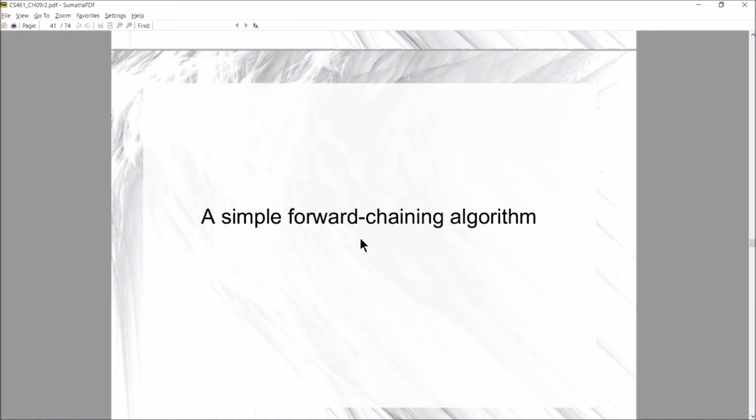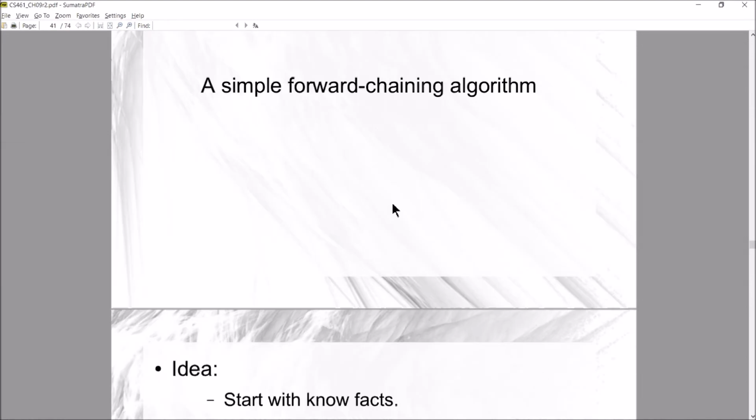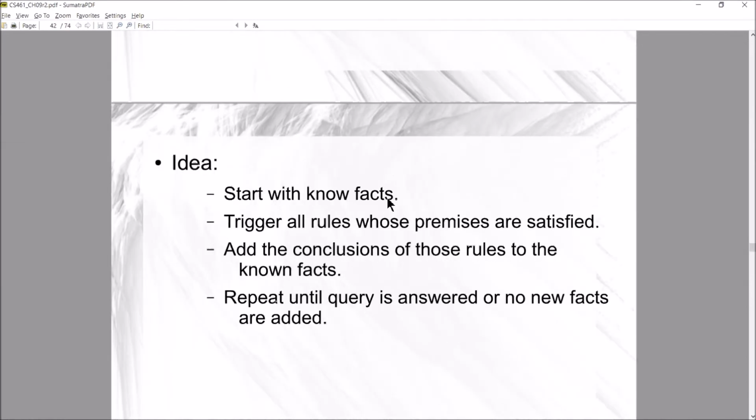All right, so now that we have ourselves a knowledge base full of first order definite clauses, let's look at a simple forward chaining algorithm to do some inference for us. So here's the idea, which I talked a little bit about at the very beginning of the video. Start with known facts.